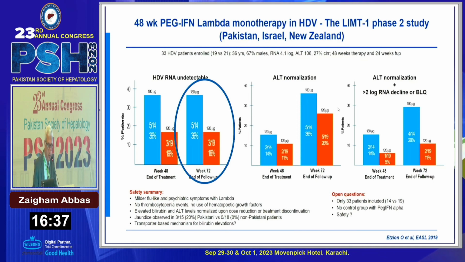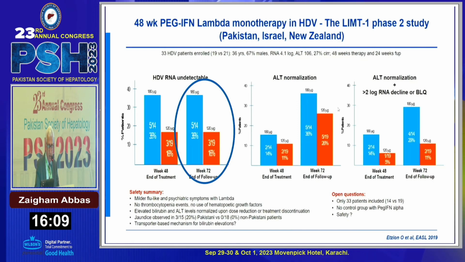Dr. Saeed from Pakistan participated in that. This study shows that the 180 microgram dose of lambda interferon is better than 120 microgram of lambda interferon. But if you combine the results of 120 and 180 microgram, the response rate was not much better than pegylated interferon alpha, but the side effects were fewer.